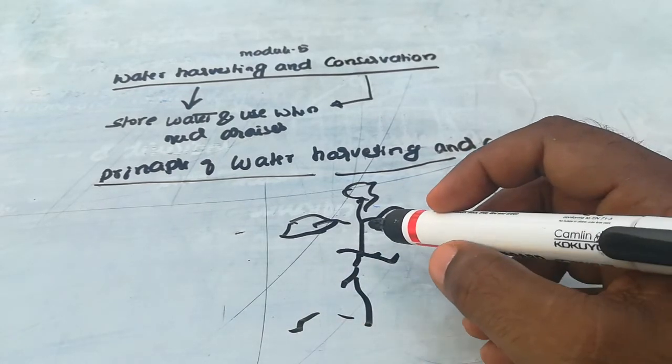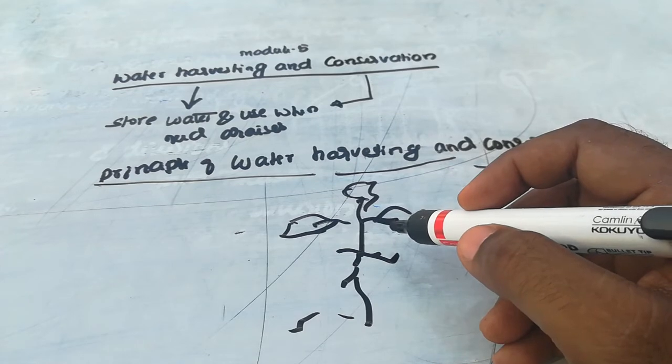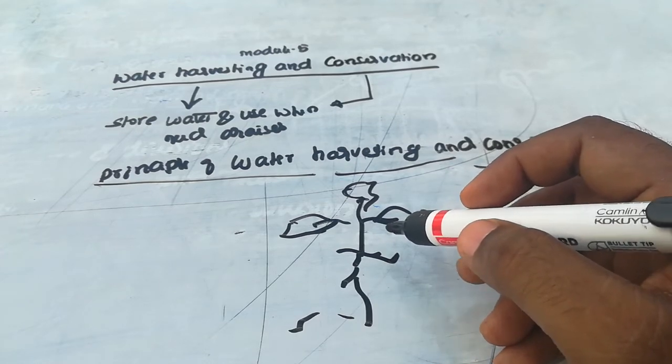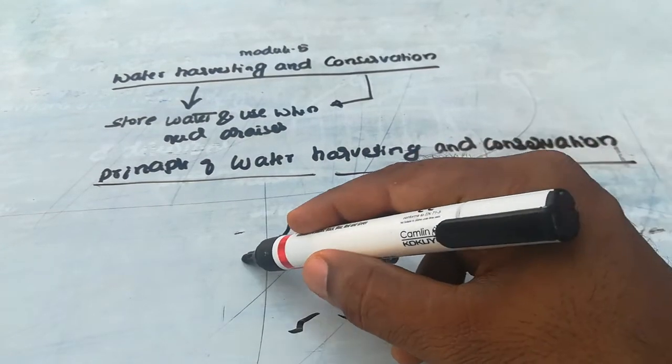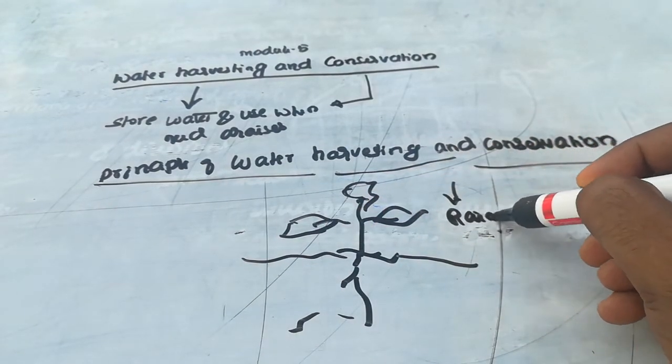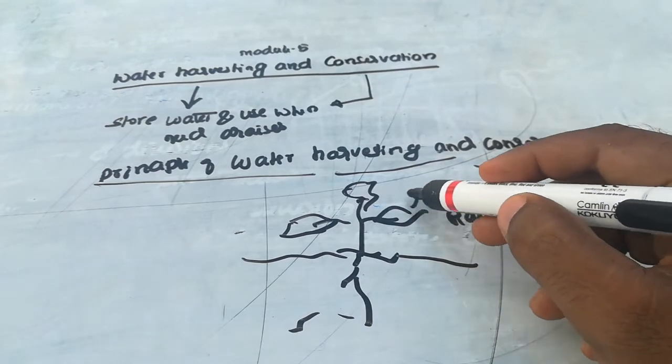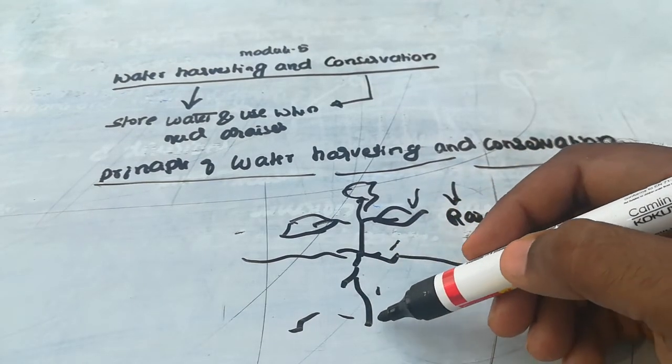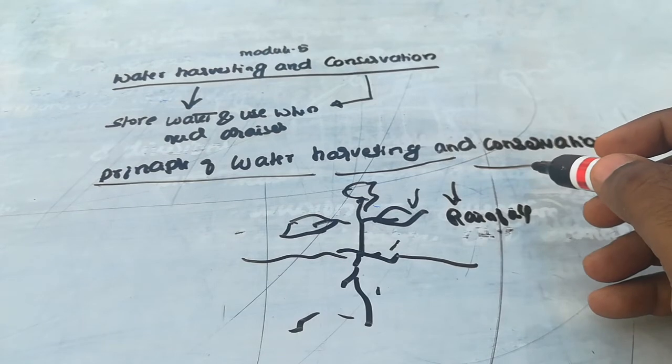When rainfall comes, the crop uses the rainfall water.